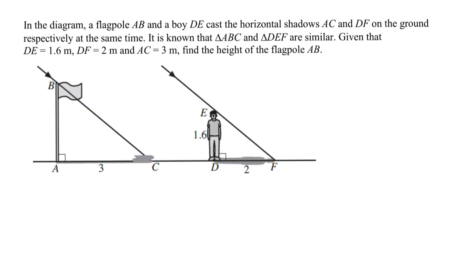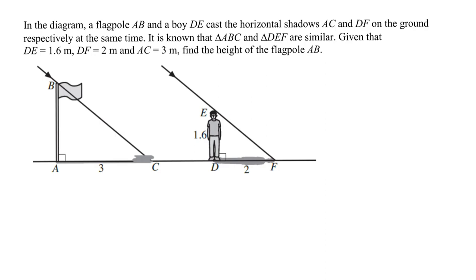Hello everyone, welcome to this video. And for this particular diagram here, we have a flag pole AB and a boy DE that casts a horizontal shadow AC and DF at the same time.